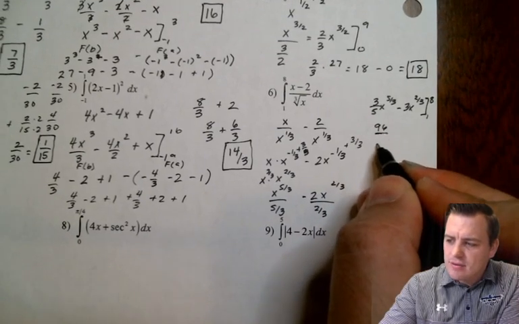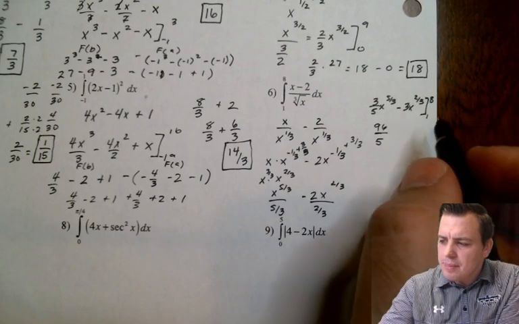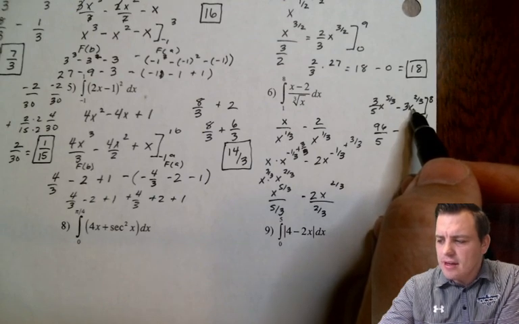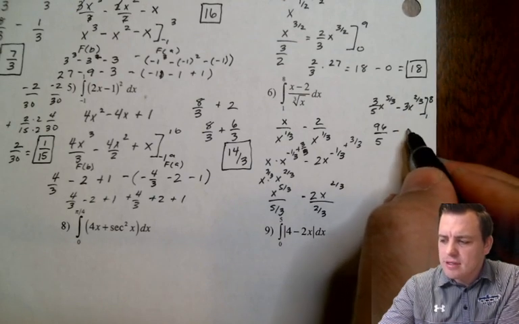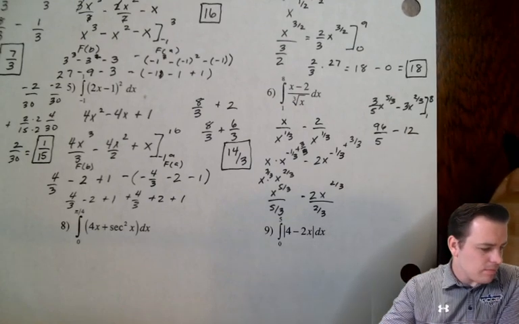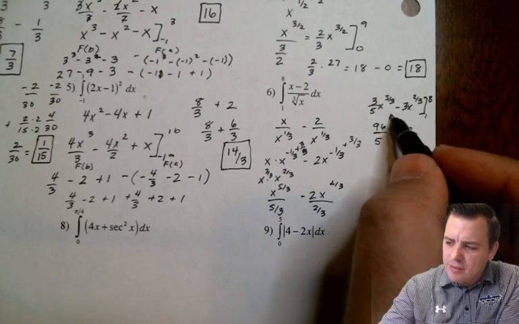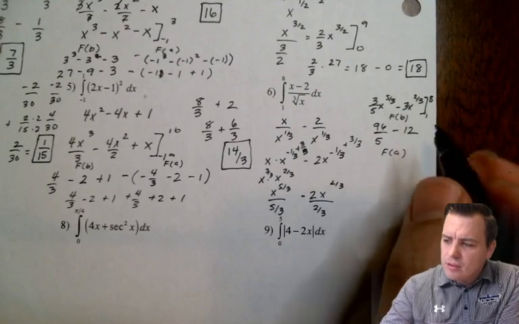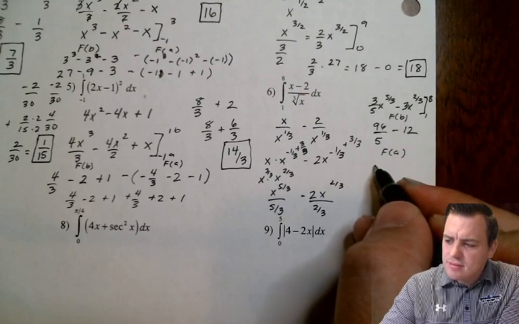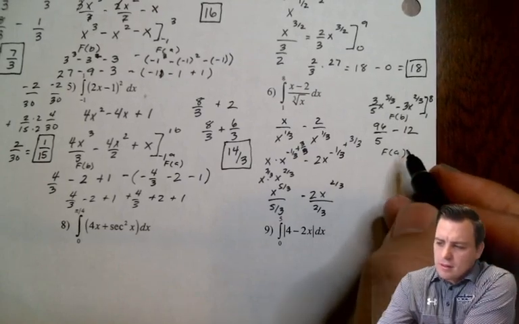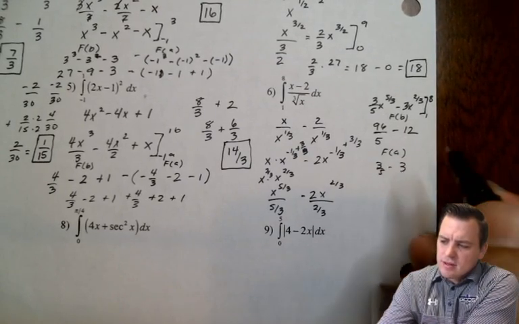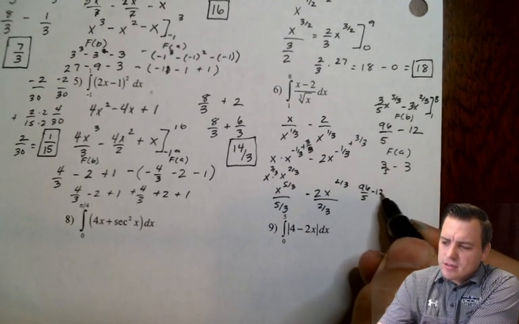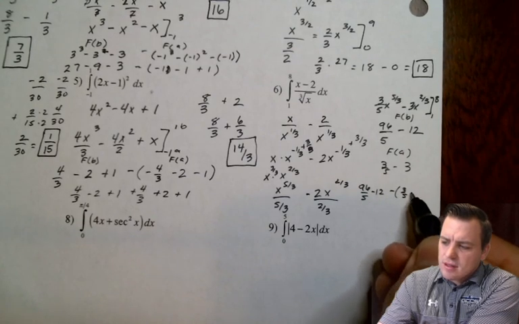So 96 over 5 minus, and then if I plug an 8 into this right here, the cube root of 8 is 2. 2 squared is 4, times 3 is 12. Okay, so that's f of b. Sorry, I don't have too much room here. Now f of a would just simply be 3/5 minus 3. So putting these together, that'd be 96 over 5 minus 12, minus 3/5 minus 3.